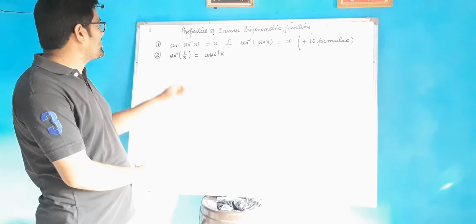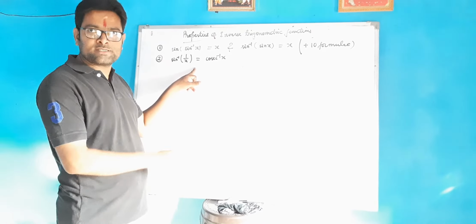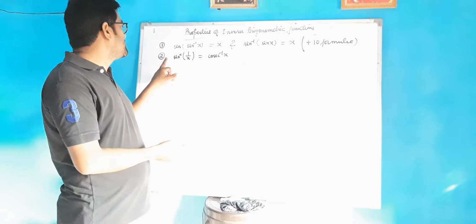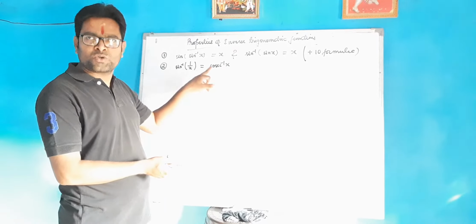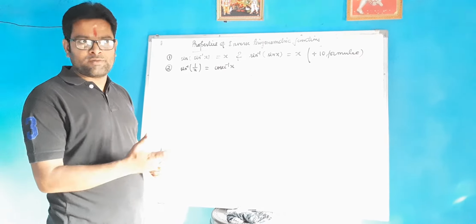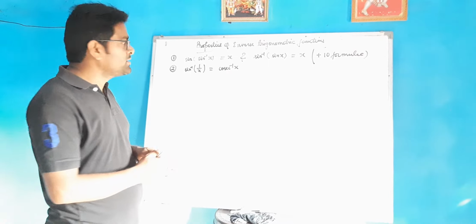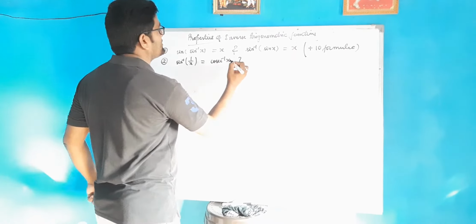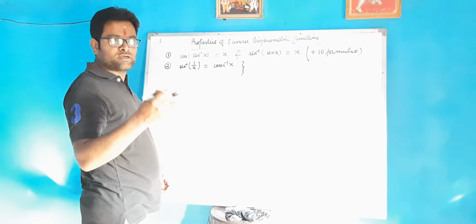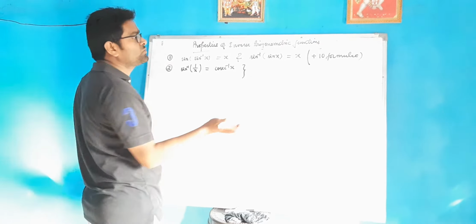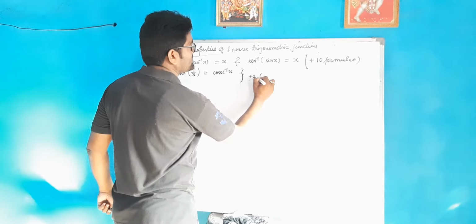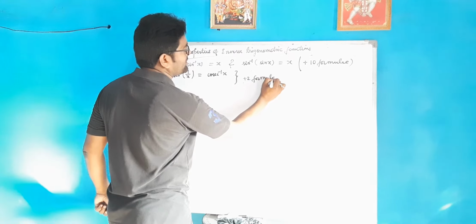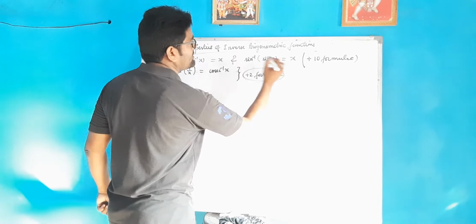In the same way we can write cos inverse 1 by x is sec inverse x. Tan inverse 1 by x is cot inverse x. So with this one formula you can make 2 more formulae. I am not going to write them. You have to understand in the same way.